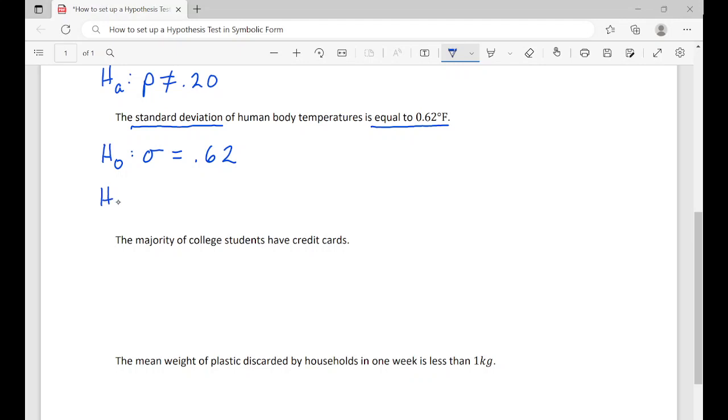That means for the alternative, again, sigma, because it's standard deviation, and since it says it's equal to, our symbol here is going to be not equal to 0.62. And since it's not equal to, we say that this is a two-tailed test.